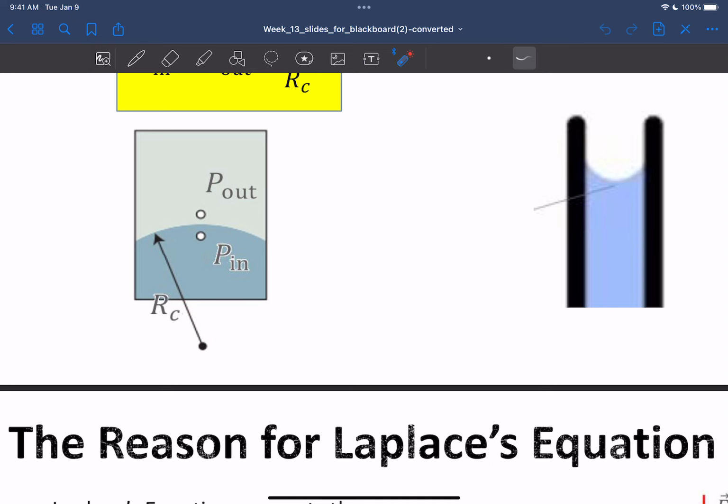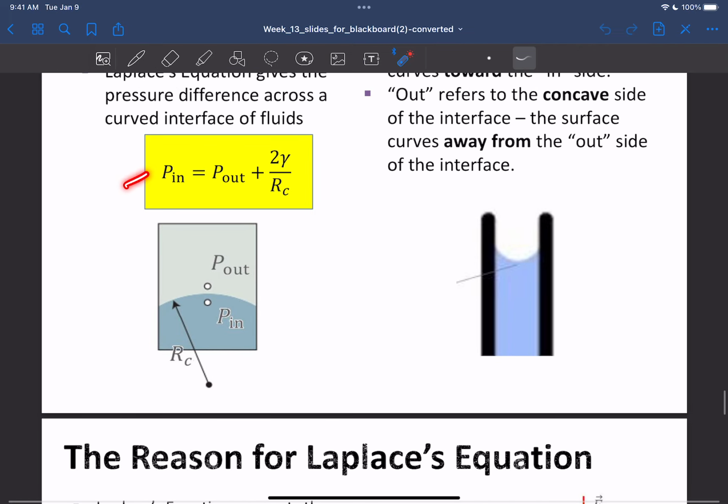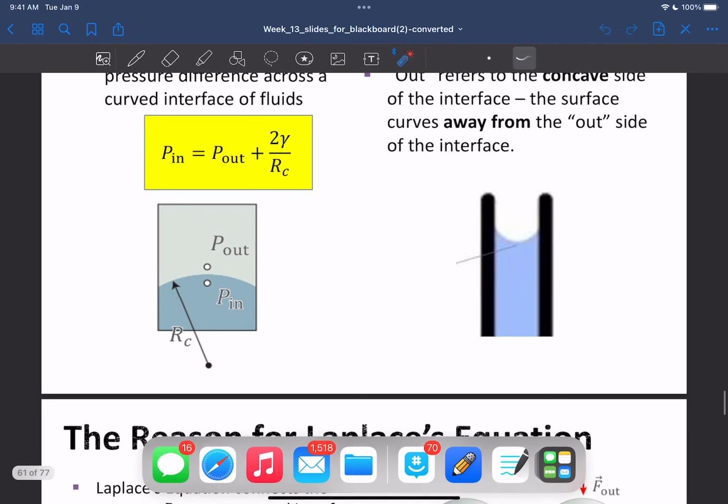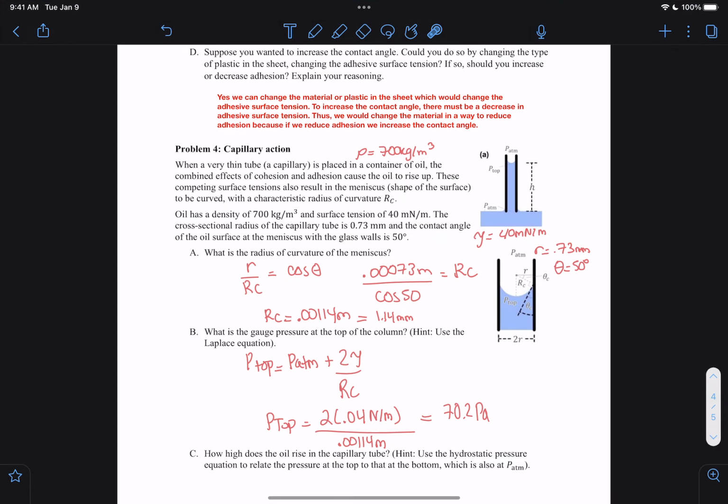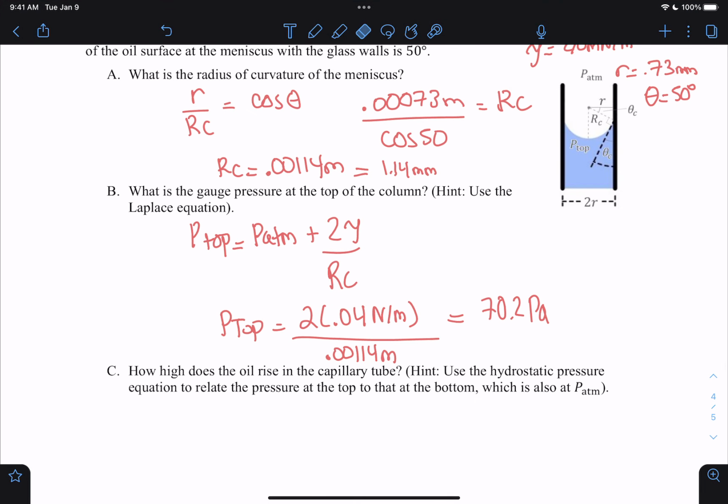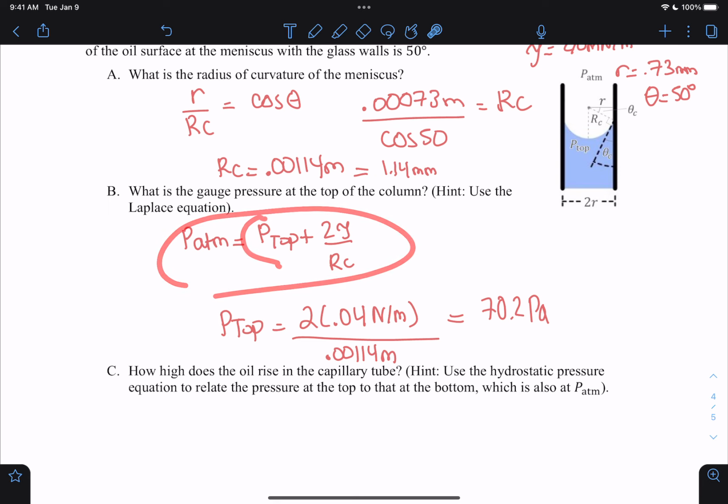Ah, okay, that might be it. But yeah, I'll look into this a little bit more. Interesting. Okay, yeah, we didn't have this distinction here when we did it.